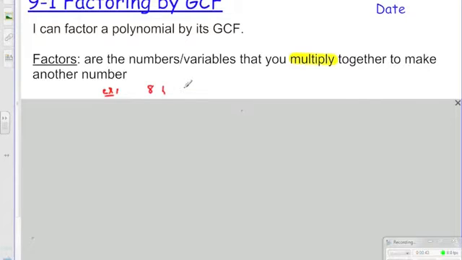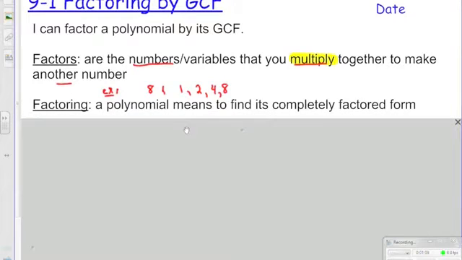Well, we know 1 and 8 multiply together to make 8. And after 1, we know 2 and 4 multiply together to make 8. So the factors of 8 would be 1, 2, 4, 8, because they're the numbers that can be multiplied together to make another.